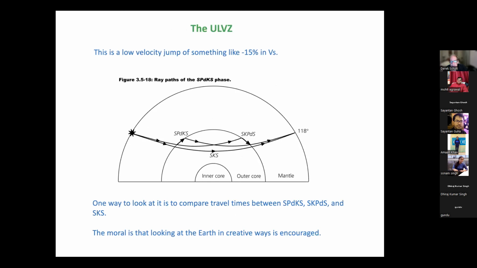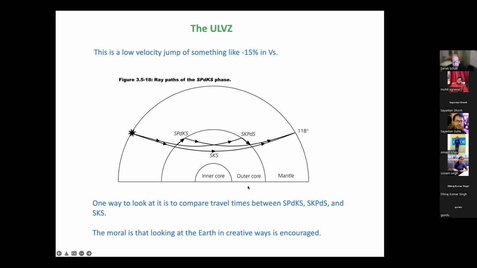The ultra low velocity zone, this can be identified through waves like the SPdKS, which travels along the surface of the core for a little distance, and the SKPdS, which travels through the base of the mantle on the other leg.